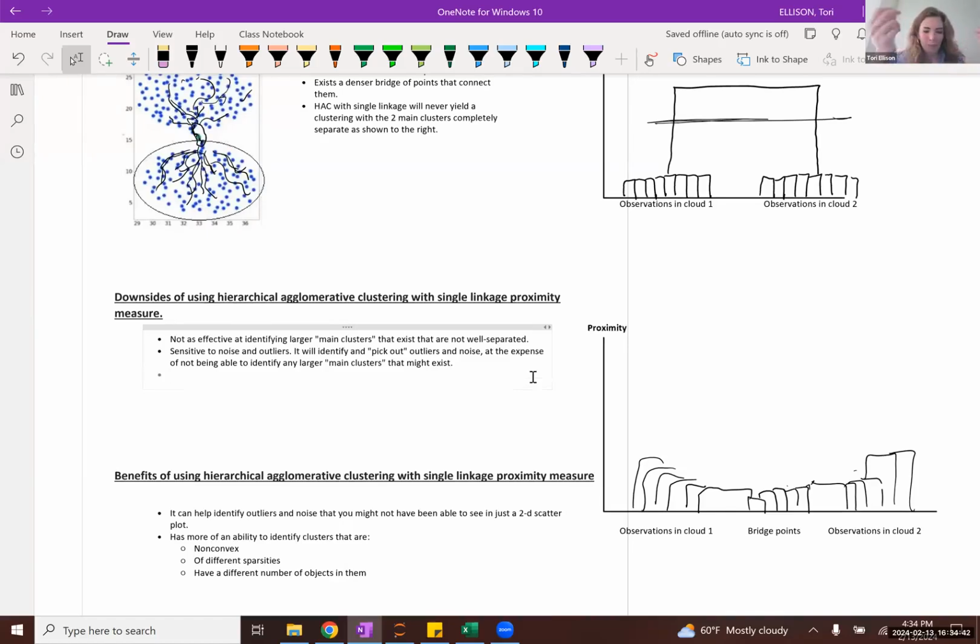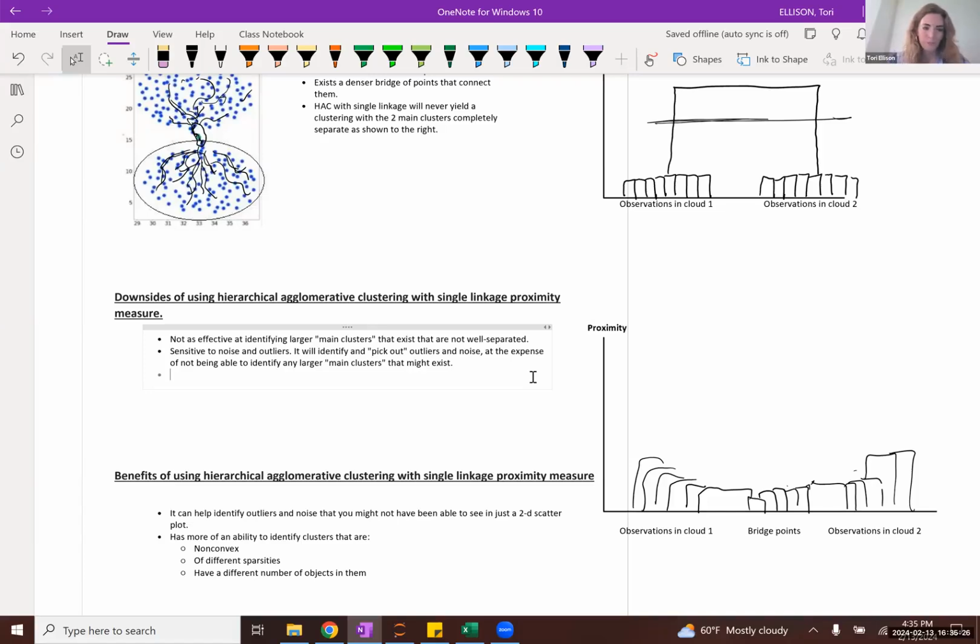However, if we're particularly thinking about k-means, then there is an additional downside to using not just single linkage, but basically any hierarchical agglomerative clustering algorithm. Remember that for any hierarchical agglomerative clustering algorithm, in the beginning we have to create a pairwise distance matrix between every pair of observations in the data set. That initial distance calculation increases the computational complexity of our algorithm, basically squaring the set of observations, whereas k-means doesn't necessarily do that.